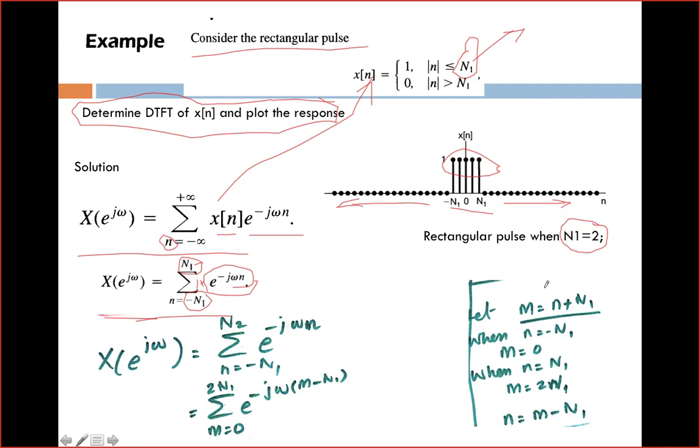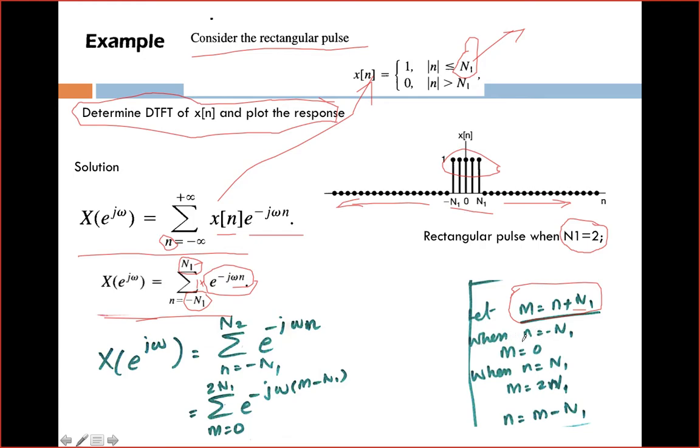So I am going to consider a dummy variable m. I am assuming this m is equal to n plus n1, and I am going to find the lower and upper limit of this m by substituting the lower and upper limit.